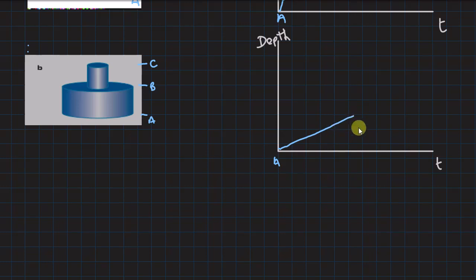And then when we get to the point B, what happens is we go from rising quite slowly, it suddenly jumps in the width. The width changes massively, quickly. That means the rate at which it rises goes up, changes quickly. That's what leads to this having an angle. Which way does the angle turn? Well, we're going from slowly rising to quickly rising.